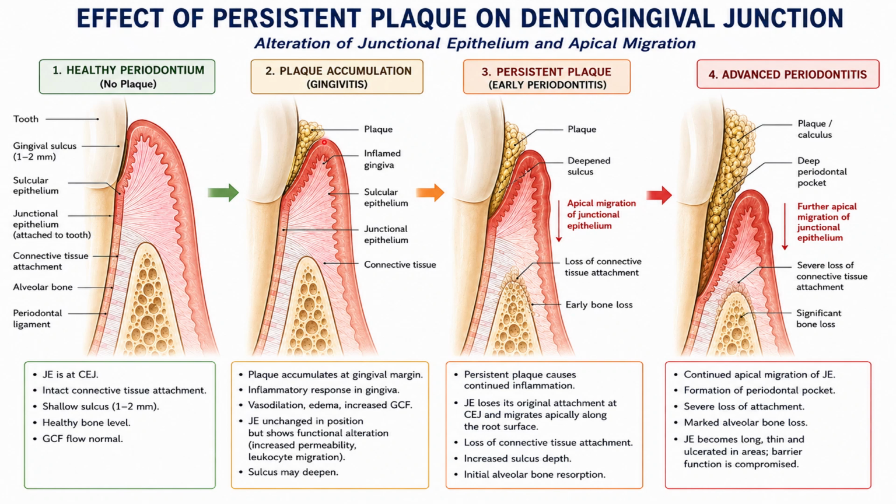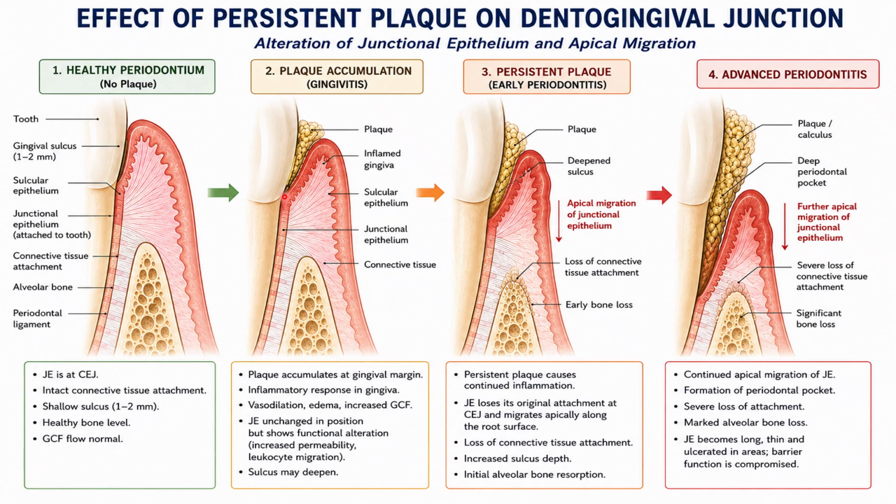In case of plaque accumulation as seen in gingivitis, we can see an inflammatory response in the gingiva, that is vasodilation, edema, and increased GCF flow. But the position of the junctional epithelium remains unchanged here, though we can see functional alterations such as increased permeability and leukocyte migration.